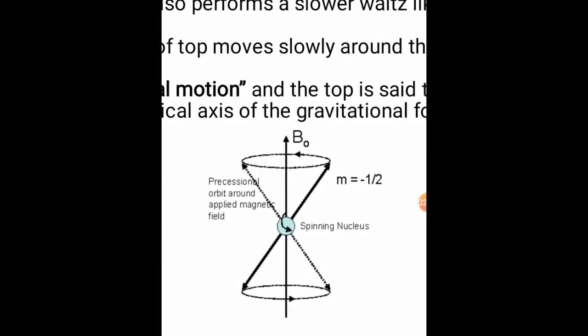Similarly, when a spinning nucleus is placed in an external magnetic field, it continues its spinning around its own axis, but along with it starts another motion, the precessional motion around the applied magnetic field. See here in this diagram, this nucleus forms a precessional orbit around the applied magnetic field.